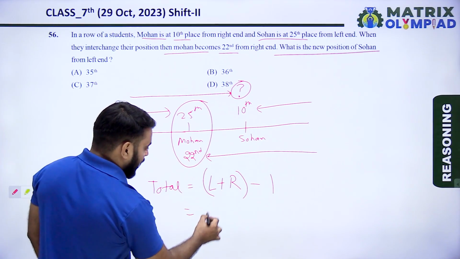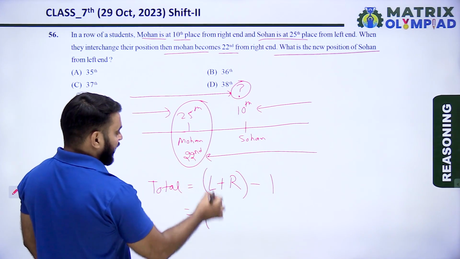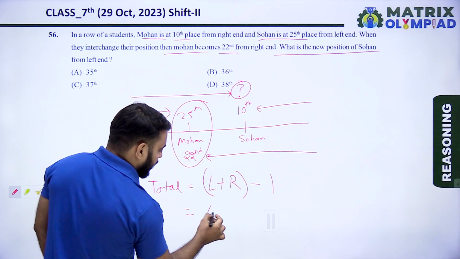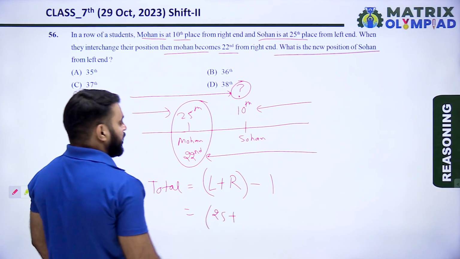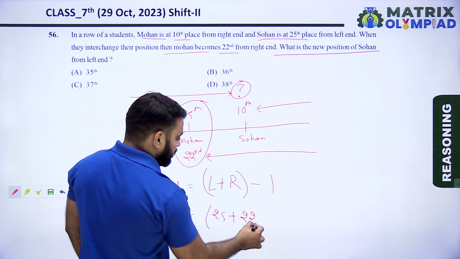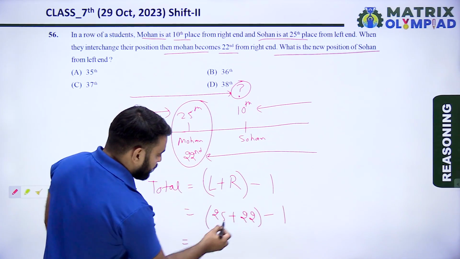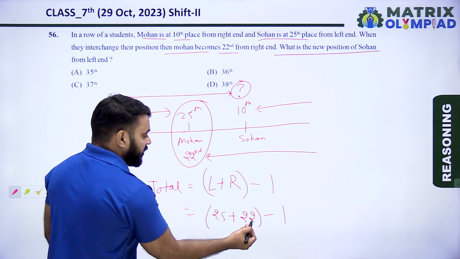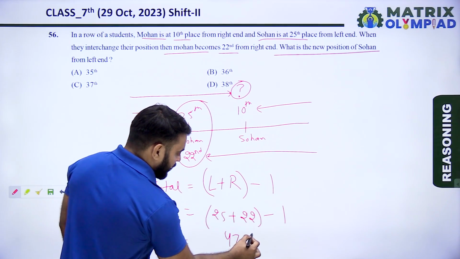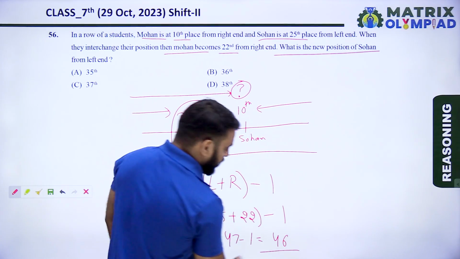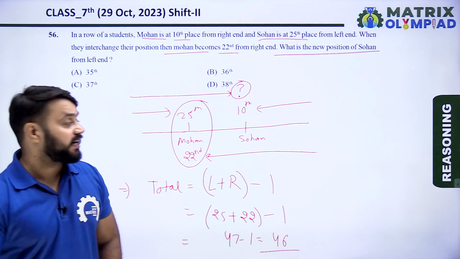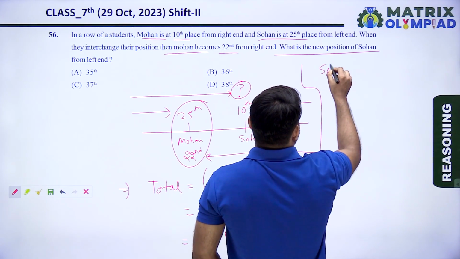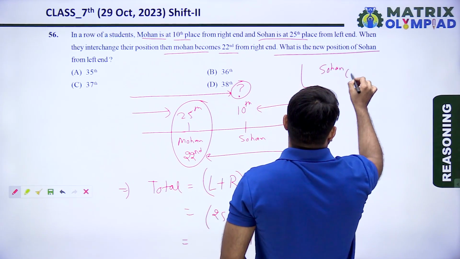So here the left position of Mohan is 25 plus the right position of Mohan is 22 minus 1. 25 plus 22, it means 47. 47 minus 1, it means 46. So there are total 46 students in this row. Now find Sohan's position from the left.